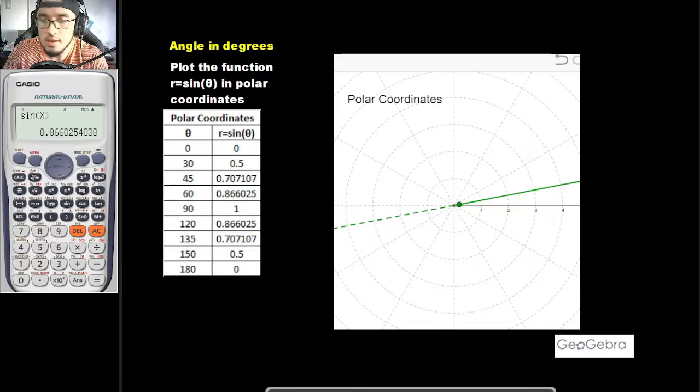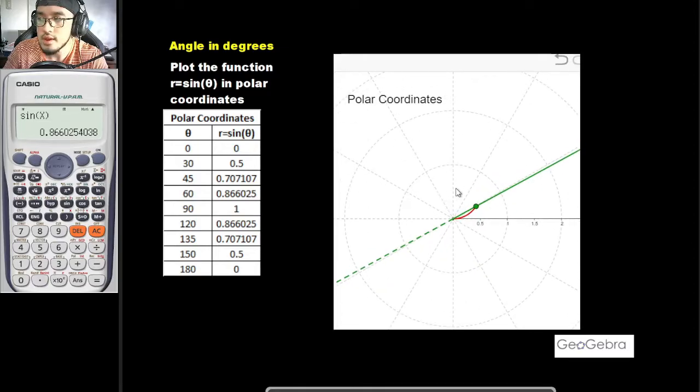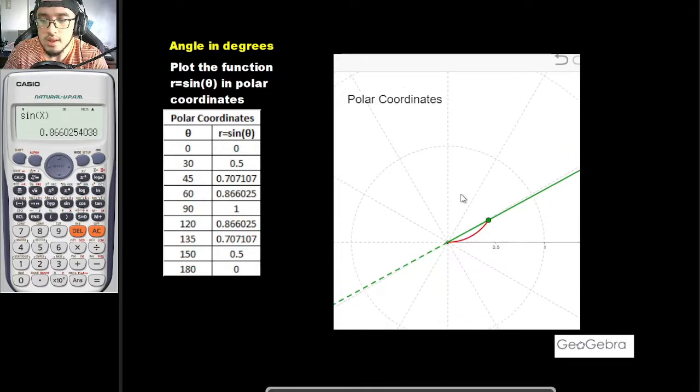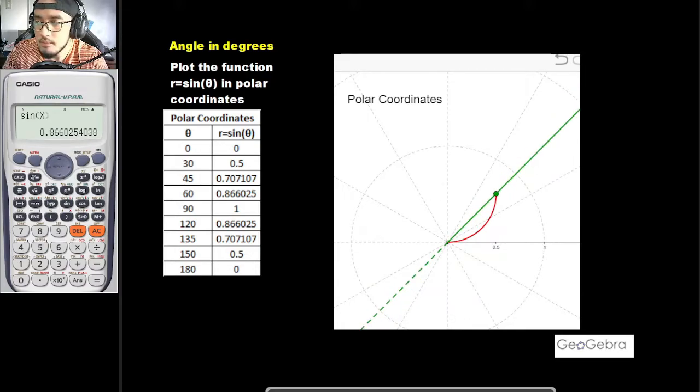As you can see, this is this point right here. I would just be zooming in for you to see it clearly. The length from your origin up to this point is equal to 0.5. And what is the value of r when your angle is 45 degrees? That is approximately in this location, which is 0.707.